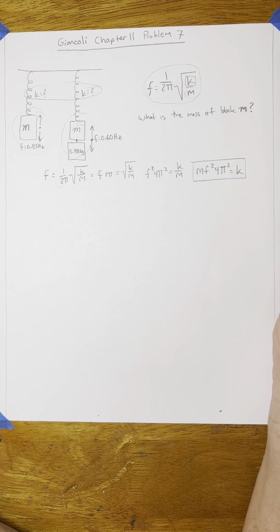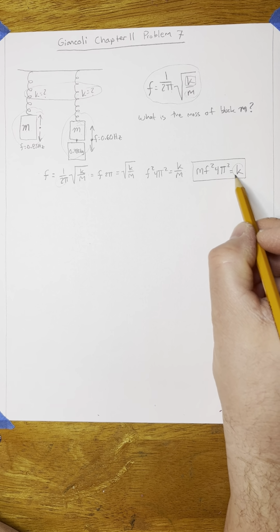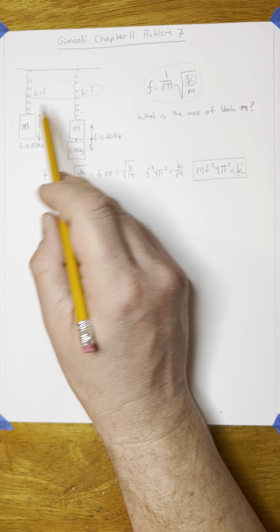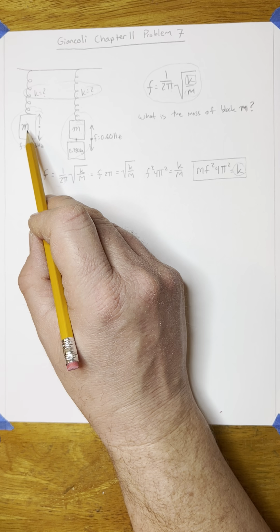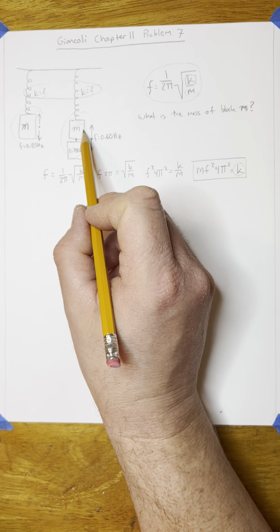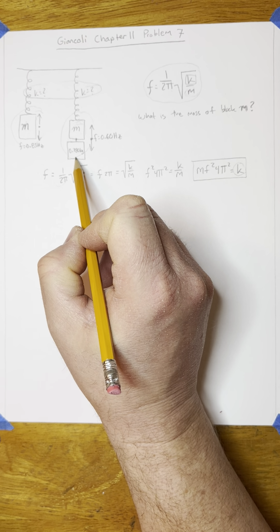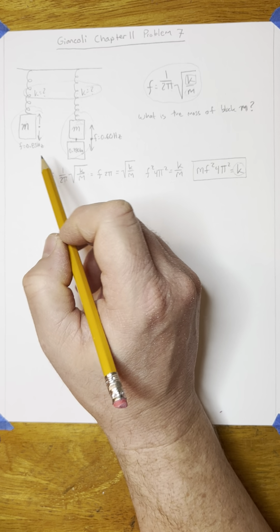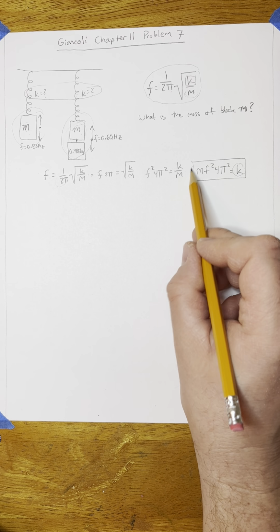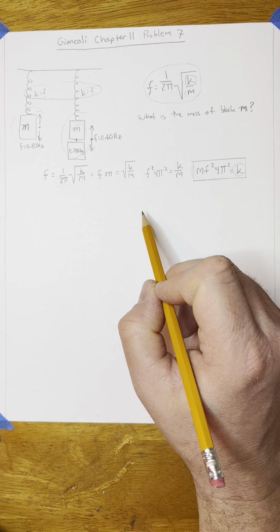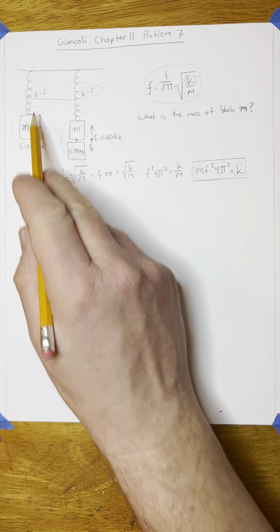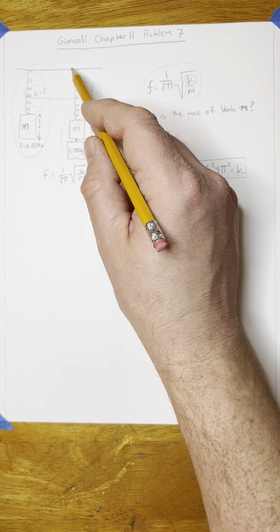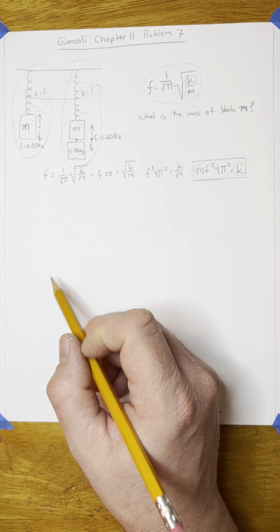This is useful because this k value for this particular problem is the same for both oscillating systems, the system where m is oscillating and the system where m plus 0.780 kilograms is oscillating. So I'm going to create two equations and set them equal to each other. One equation for this system and one equation for this system.